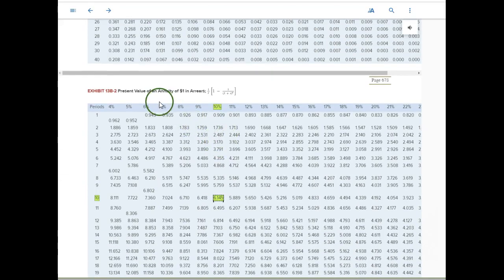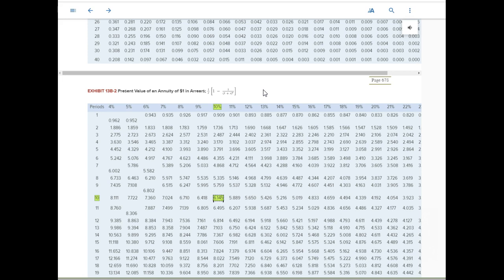This is the present value of an annuity of $1 in arrears. What this means is you're not dealing with just $1 at one time in the future. You're dealing with equal amounts every period. So you're looking at $1 per year for, in my example here, 10 years.